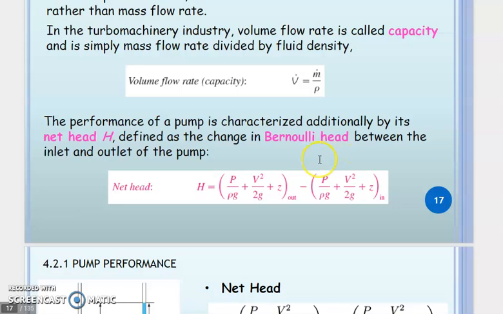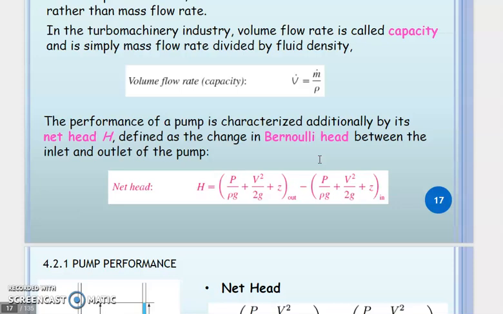So that's why we modify the Bernoulli equation in order for us to get it in terms of meters. It's much easier for you to know the performance of a pump in terms of meters.